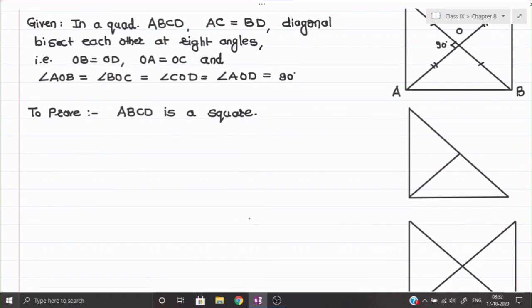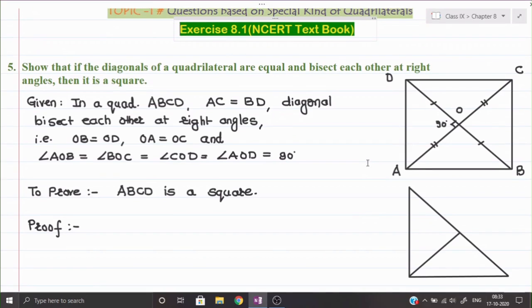For doing this proof, I have again drawn two figures for you. We shall use those figures in our proof. See, this figure is nothing but just a part of the given figure. The part taken is triangle DAB.